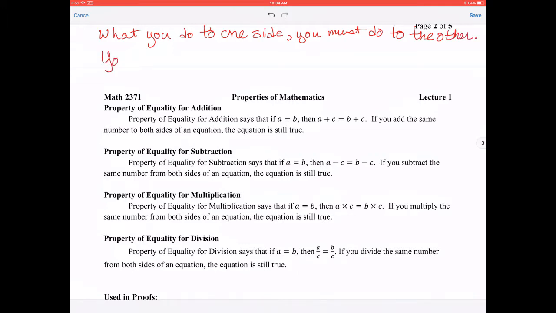You have to keep the equation balanced. I can't spell.